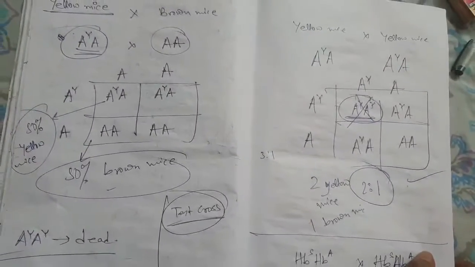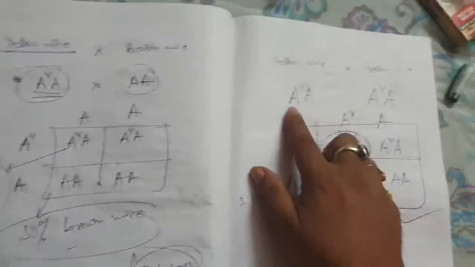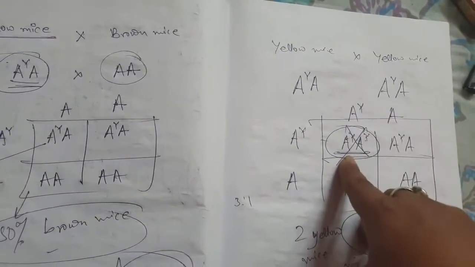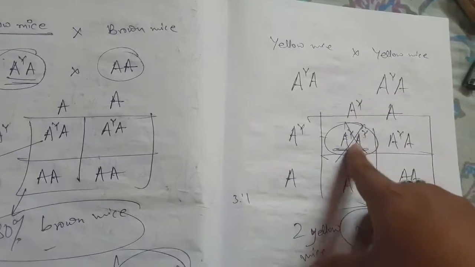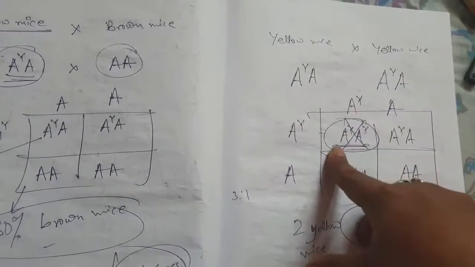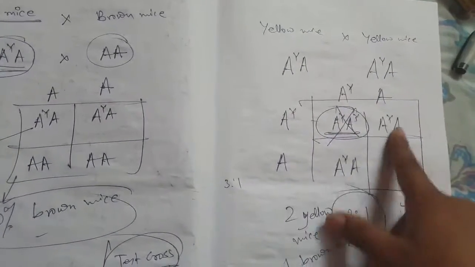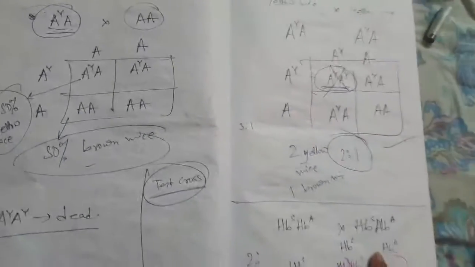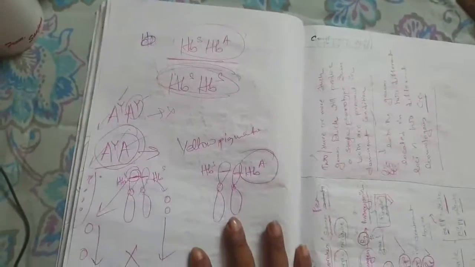So that is the example of lethality, because if AY heterozygous is crossed with heterozygous yellow mice, the complete AY containing mice will die, but these yellow mice will not die, and this will be a brown mice, which is not a carrier at all. So I hope that you have understood lethality.